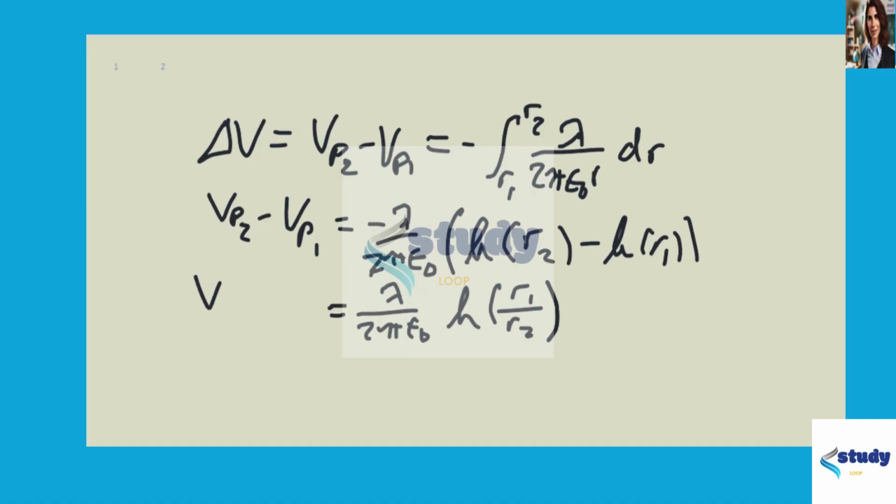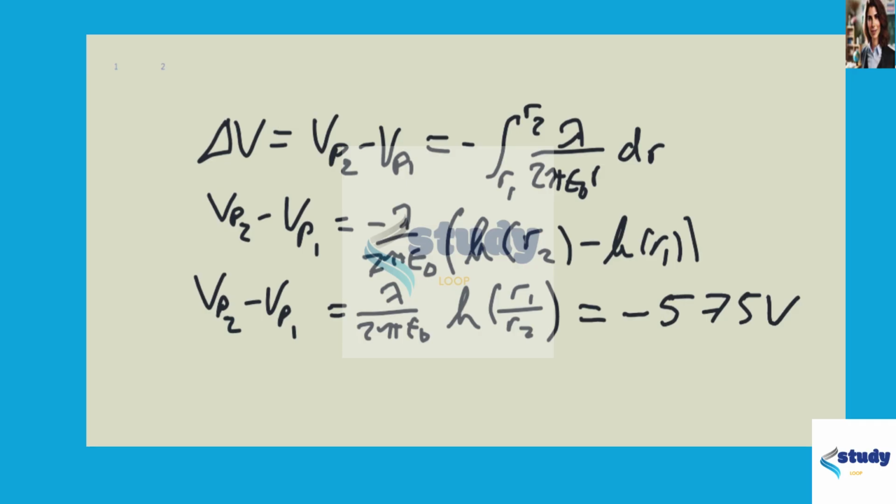And this equals Vp2 minus Vp1. Since P2 is further away, the voltage will be smaller. So Vp2 minus Vp1 is equal to negative 575 volts, because the voltage gets lower as we get further away, since the electric field is getting weaker.